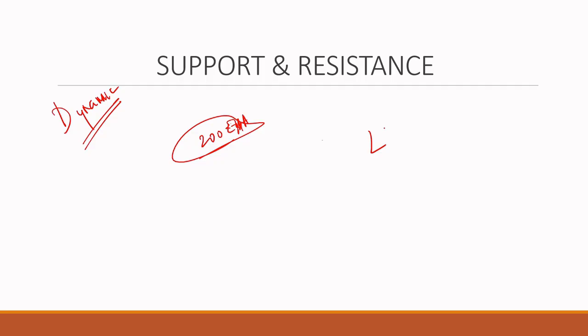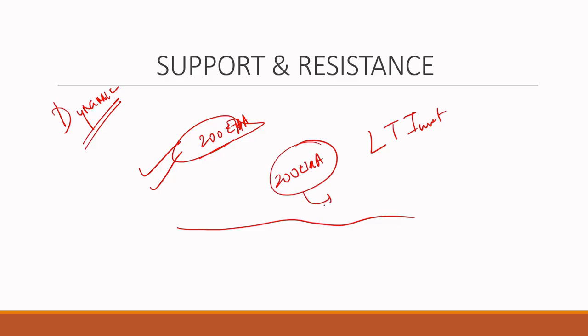Whenever you are going for long-term investments in any stock, just apply this thumb rule: any stock where the price is above the 200 moving average, probably you look for buying that stock. Now what would be the buy price?